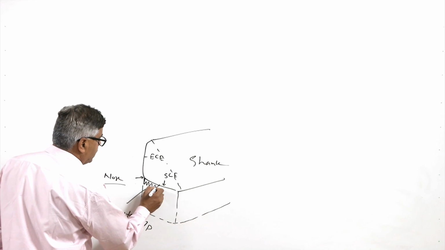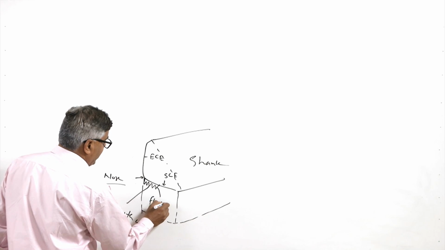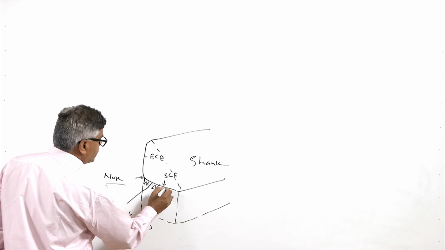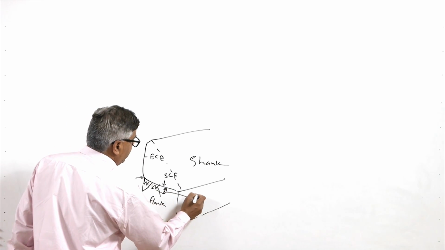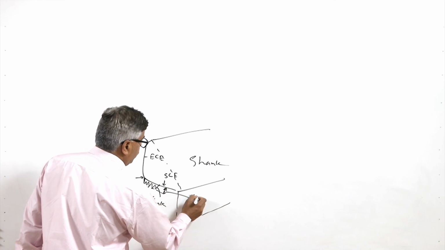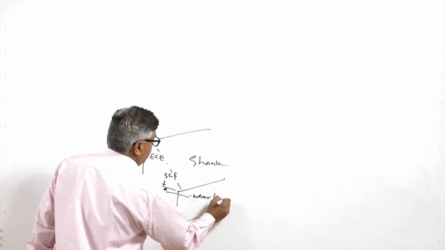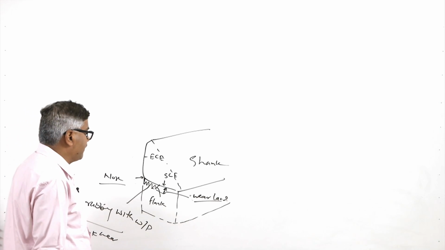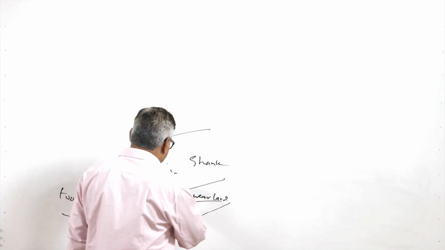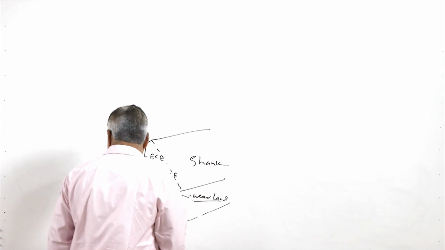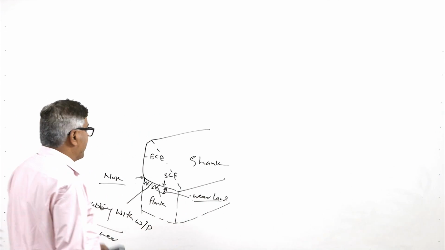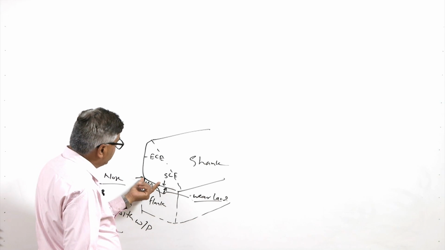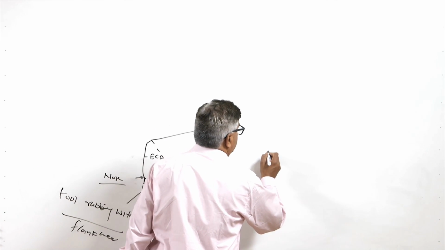This is the region of the flank, and the band which is subjected to the wear is called the wear land. This is how the flank wear is characterized, and the width of the land is used as a measure of the flank wear. When the chips, so this is the edge which will be interacting with the workpiece like this.